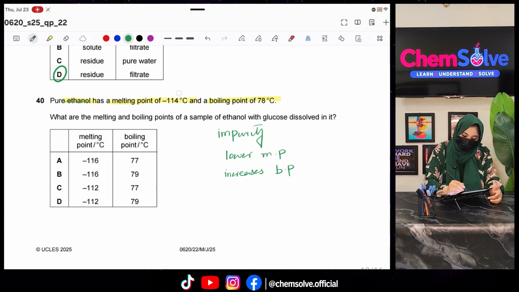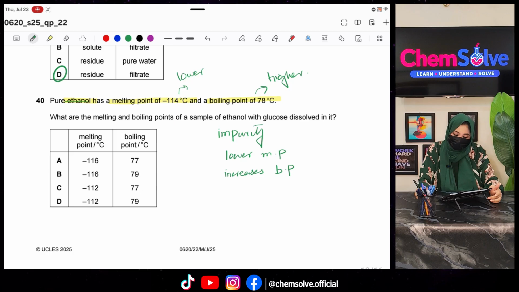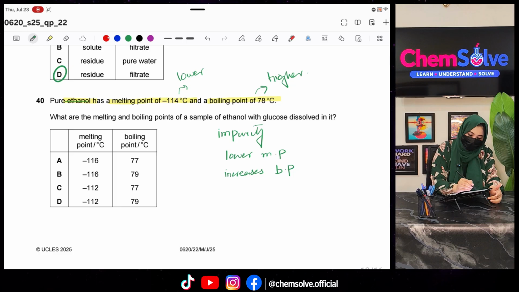So the melting point would be lower than this value and the boiling point should be higher than this value. So we need a boiling point more than 78. That's why A and C are not our options.